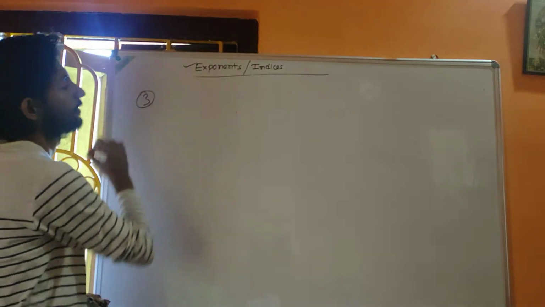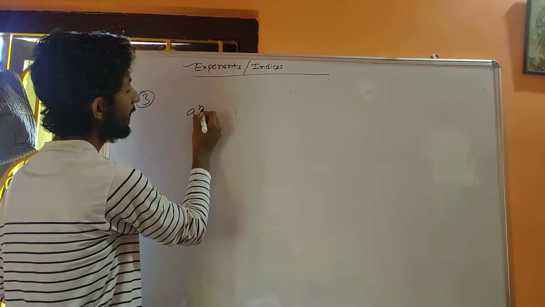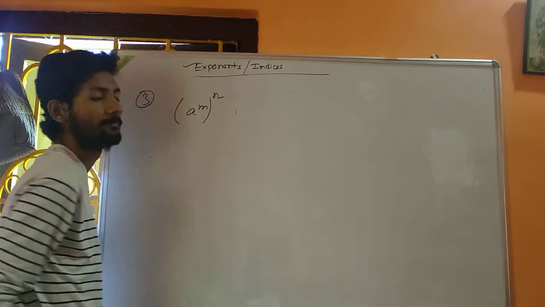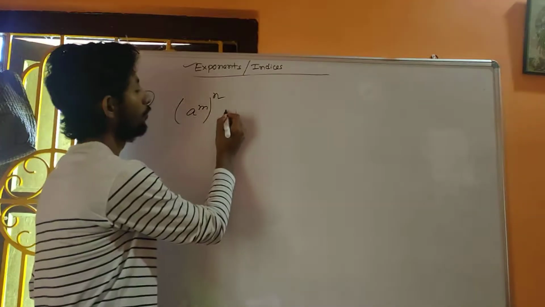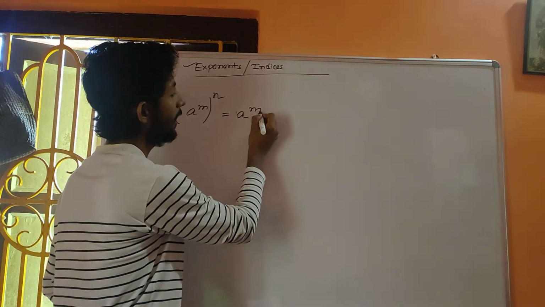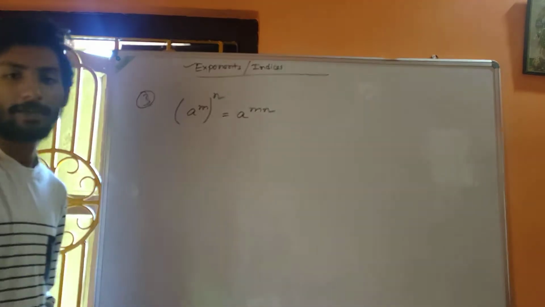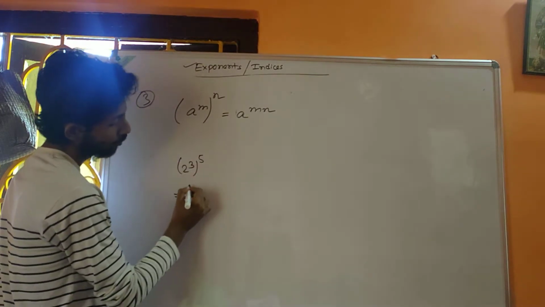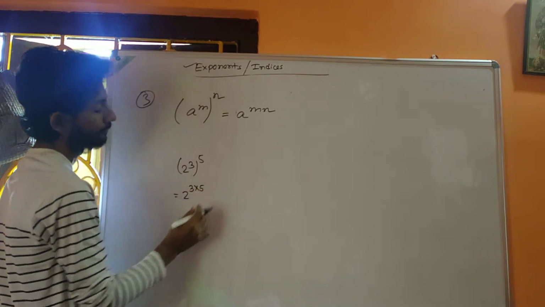The third formula is a to the power m, whole to the power n. We can write it as a to the power mn. If there is 2 to the power 3, whole to the power 5, we can write 2 to the power 3 into 5.